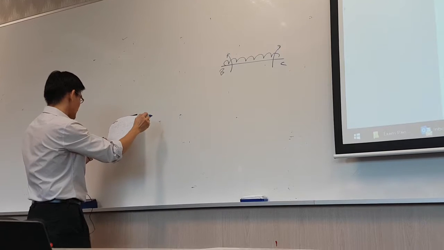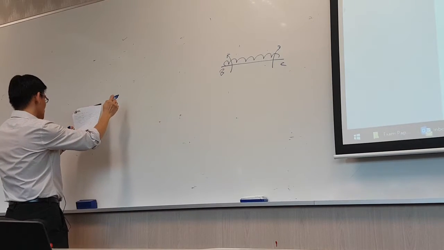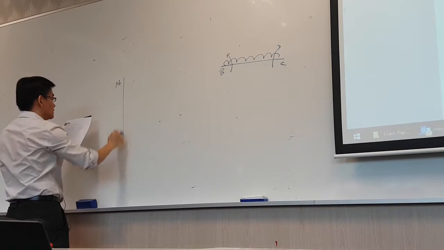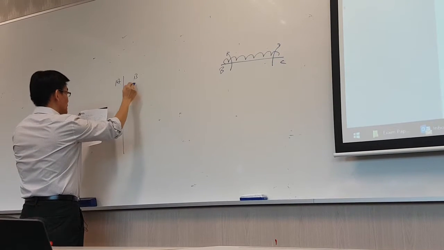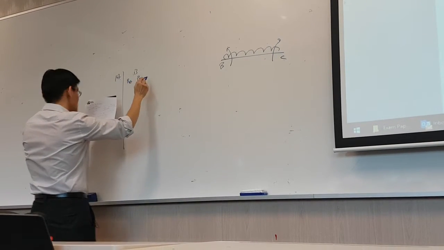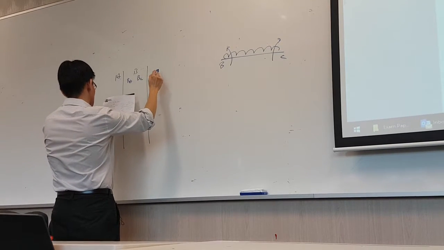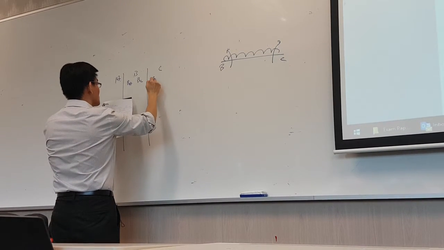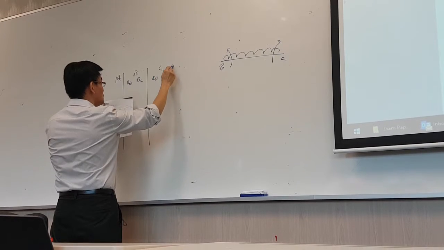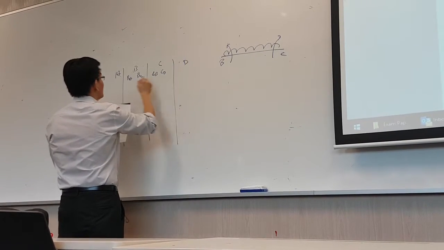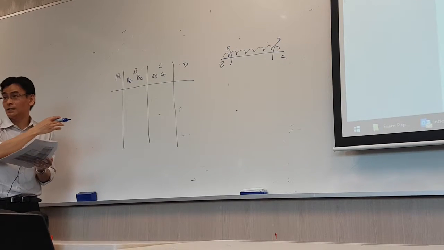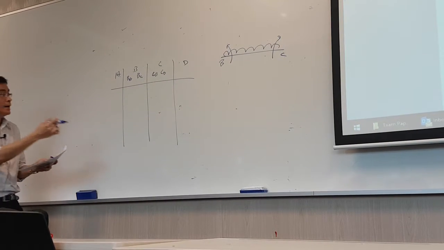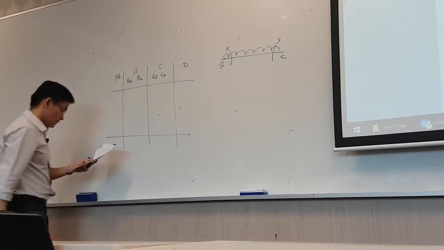Let me work out the final table. Of course you need to work out the moment distribution method table yourself. Eventually, what is the moment that I'm getting?